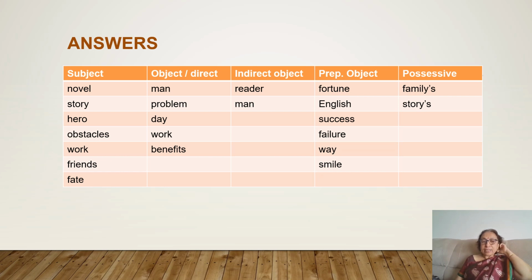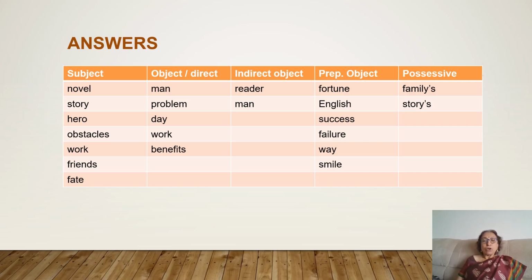Some friends is subject, help him while others are envious. No more nouns here. Finally, when the hero succeeds, the hero we have already taken as subject, we don't do it a second time. But here again it is subject. Everyone praises his hard work.